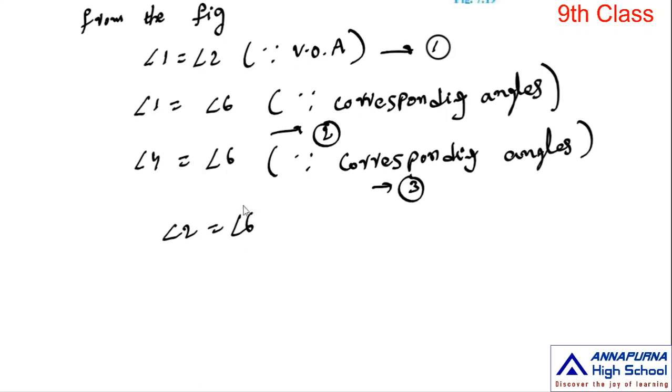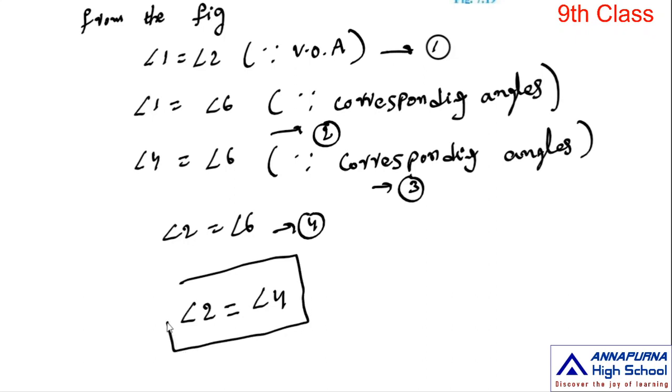Observe equations 3 and 4. The right side angles are the same, angle 6 is equal to angle 6, so the left hand side angles are equal. Therefore, angle 2 is equal to angle 4.